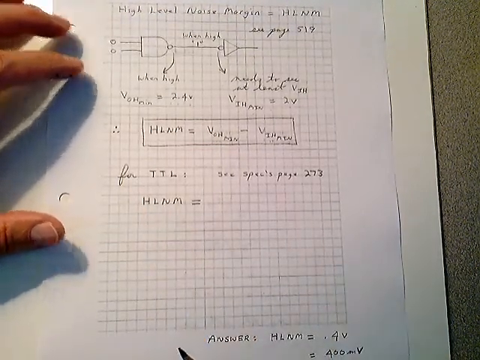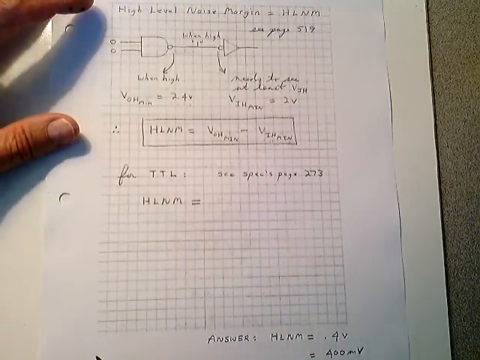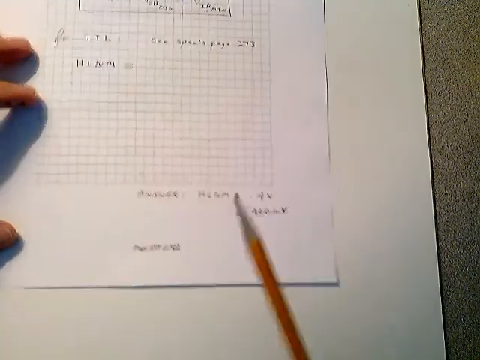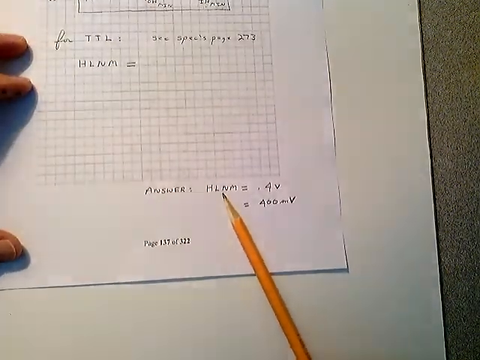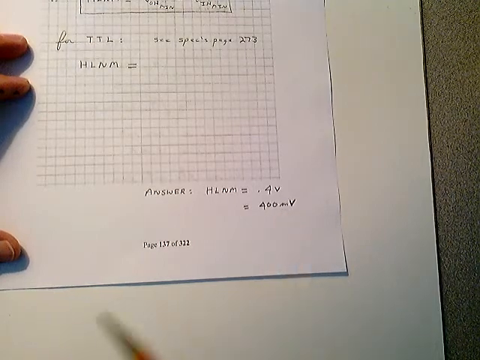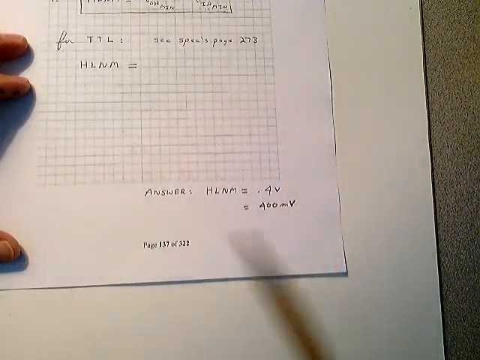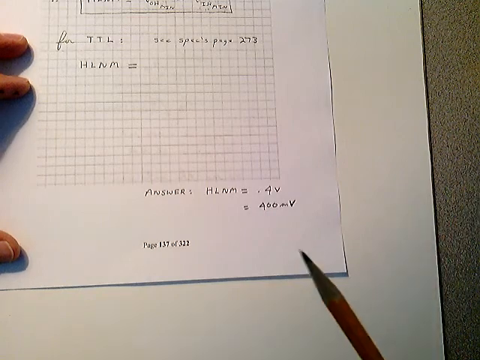If you do that, I'd stop the video and see if you can calculate it. You should get the answer: the high-level noise margin is equal to 0.4 volts. That's 400 millivolts.